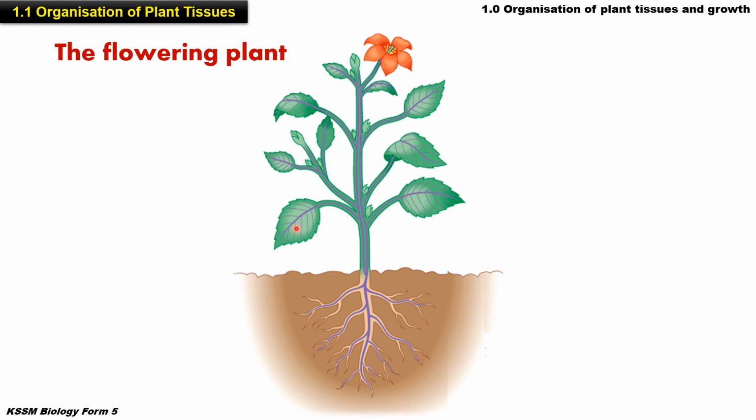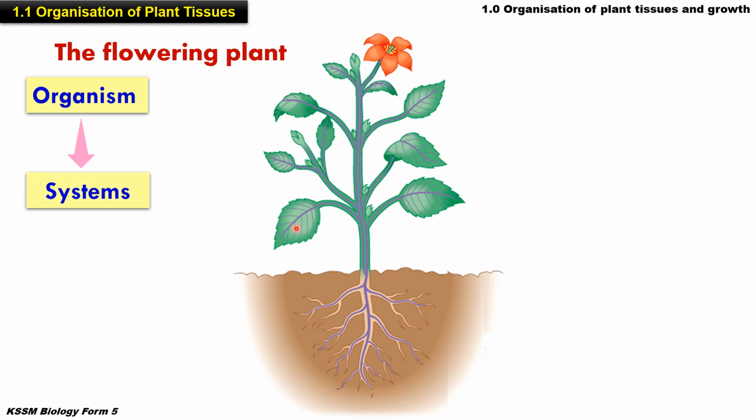Plant also has cell, tissue, organ, system and organism, but for plant it's much more simple. The organism is the flowering plant itself.